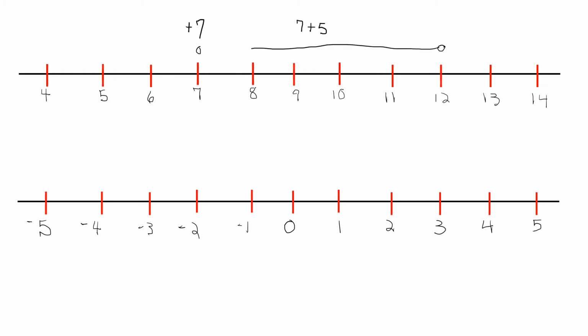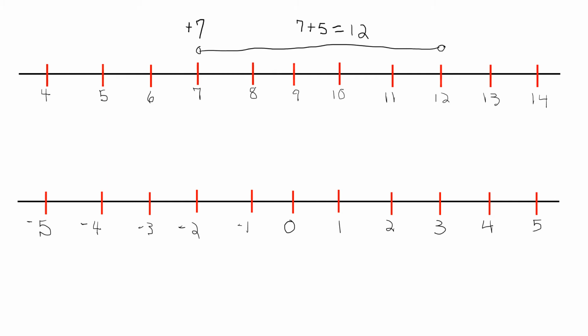I know it's simple math, but the reason I'm showing it to you like this is because you're going to run into some negative numbers where you might or might not have to use a number line graph, but you'll get the concept because of what I explained earlier. Because both numbers are positive, you don't need to display the positive sign. So we have a 7, and then we move 5 units to the right, which gives us a sum of 12.